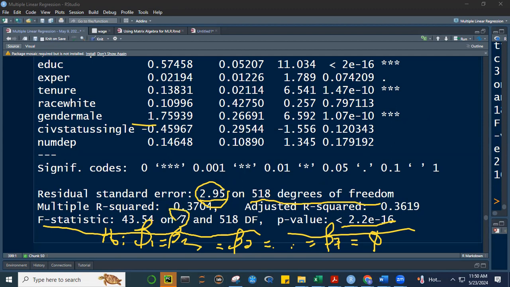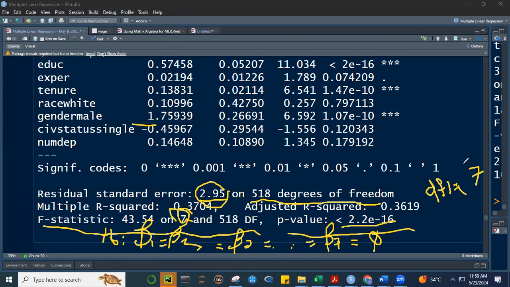Here you have 7 and 518, so there are 2 degrees of freedom. The first degree of freedom, df1, is your number of predictors. How many predictors do we have excluding your intercept? Education, experience, tenure, race, gender, civil status, number of dependents. So there are 6, okay, 7 predictors. So that's your degree of freedom 1 here.